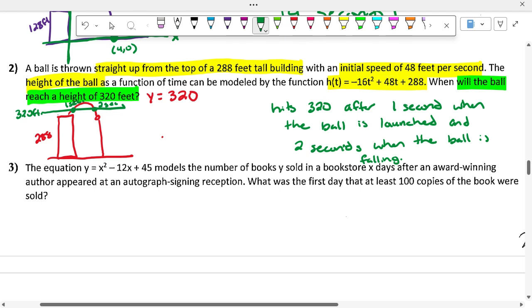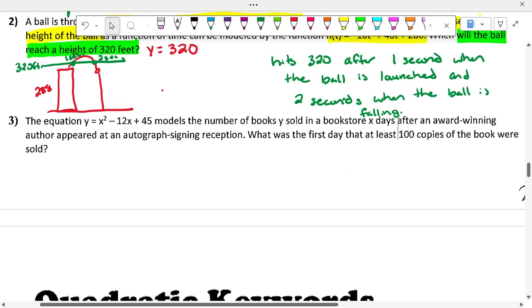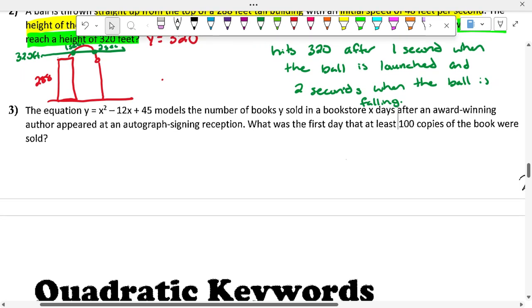All right. So this next problem is a completely different scenario. The equation y equals x squared minus 12x plus 45 models the number of books y sold in a bookstore after x days after the award-winning author appeared at the autograph signing reception.